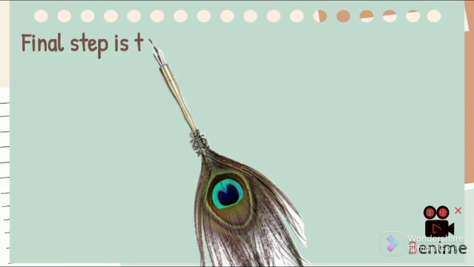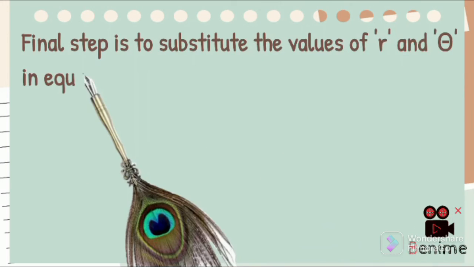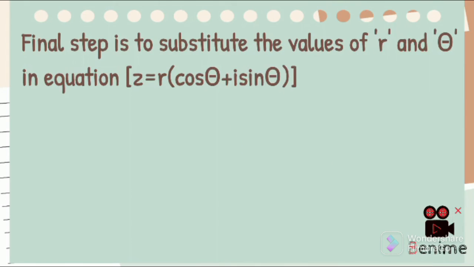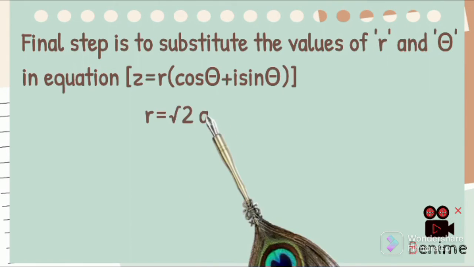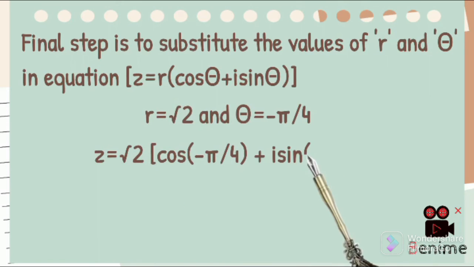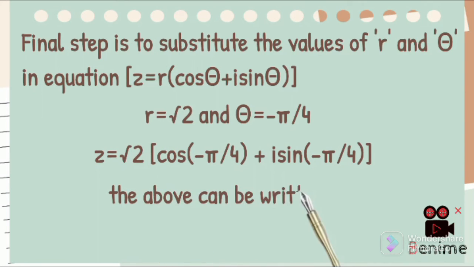Final step is to substitute the values of r and theta in the equation z equals r times cos theta plus iota sine theta. Z equals under root 2, cosine pi by 4 plus iota sine pi by 4. The above can be written as z equals under root 2 times cos pi by 4 plus iota sine pi by 4.